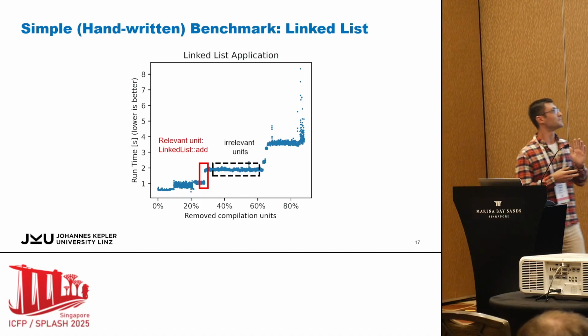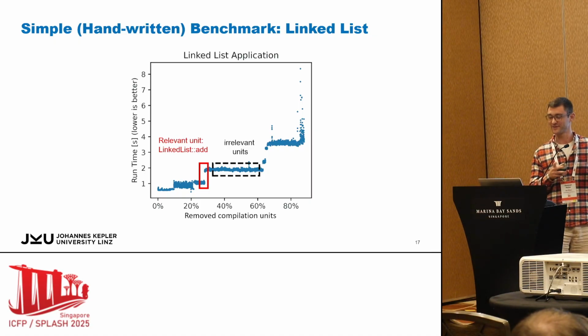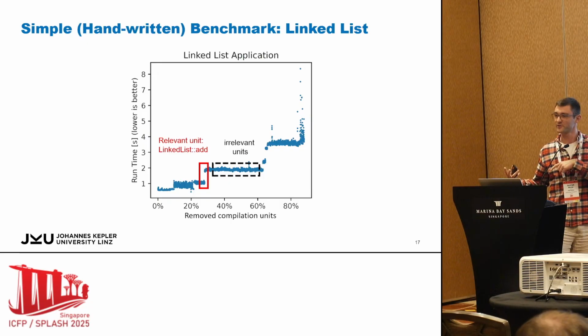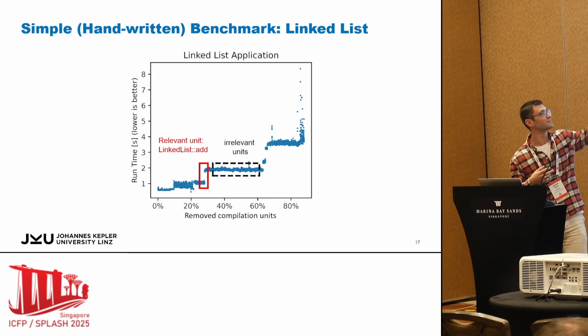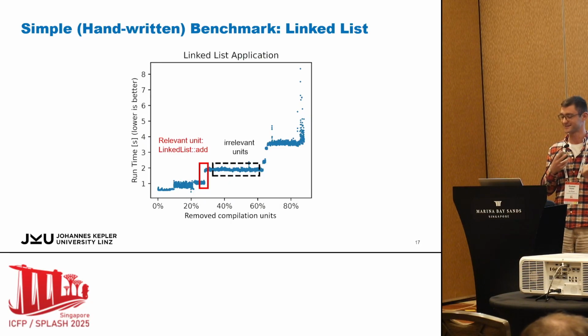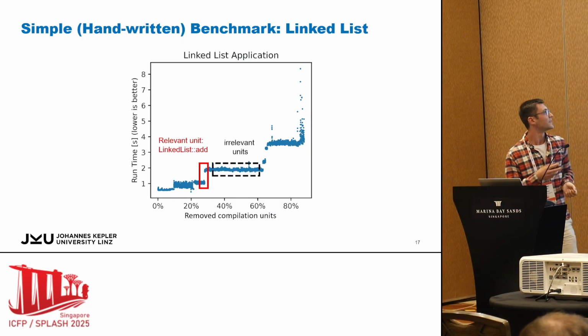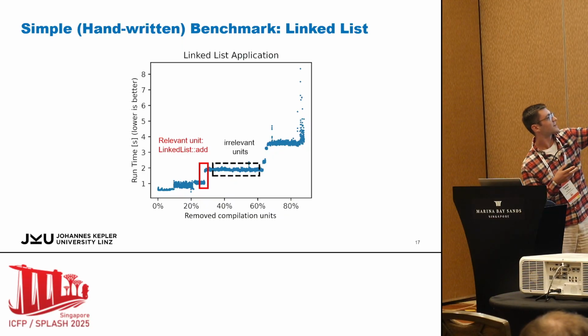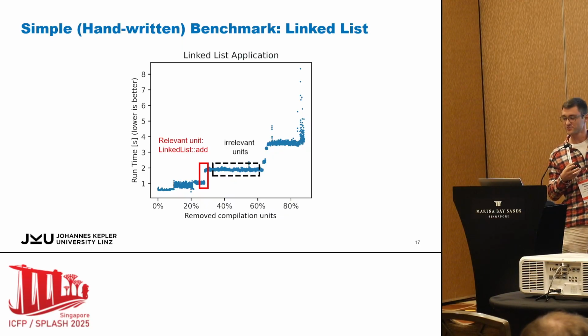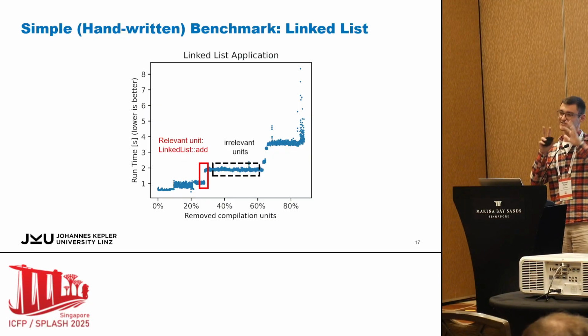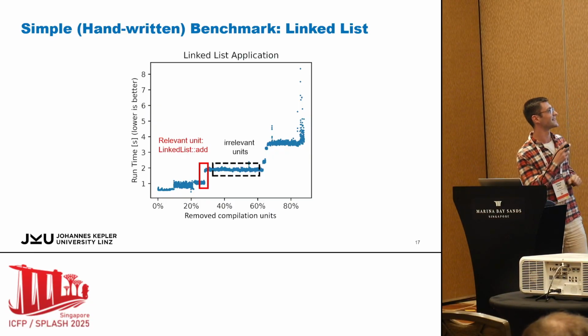I'm also teaching basics of software development, and I took a homework where the students had to implement a singly linked list, and tried our approach with this very simple application. And there we could get such a diagram. Now you see the resolution is way higher than just 8 compilation units as on the previous slide.